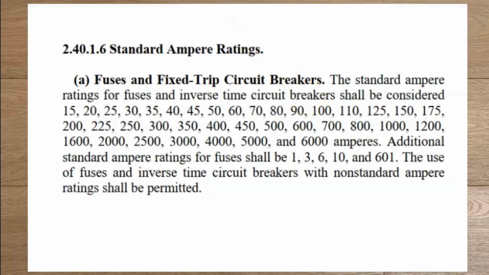From the table, 2.40.1.6 for standard ampere ratings. This is for fuses and inverse time circuit breakers. So the standard ampere ratings for fuses and inverse time circuit breakers: 15, next is 20, next is 25, and then 30, and so on.